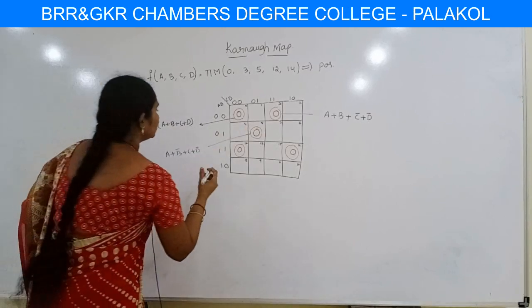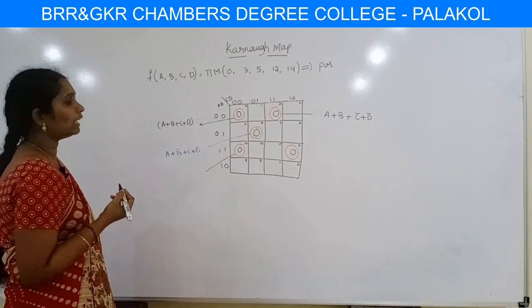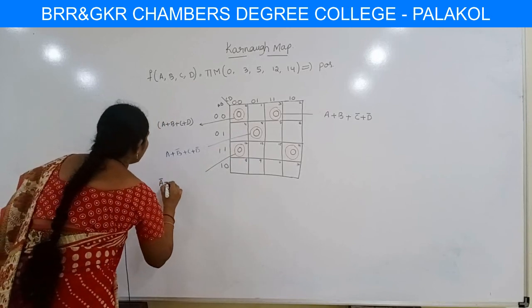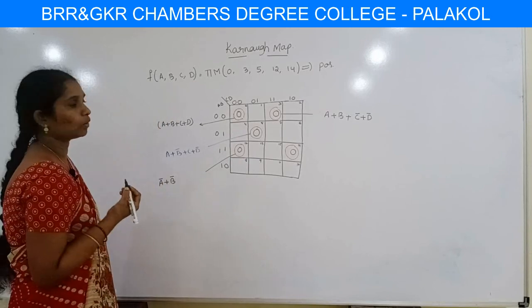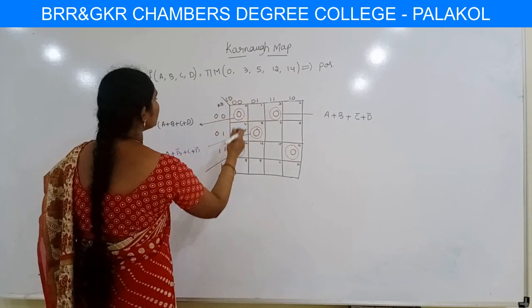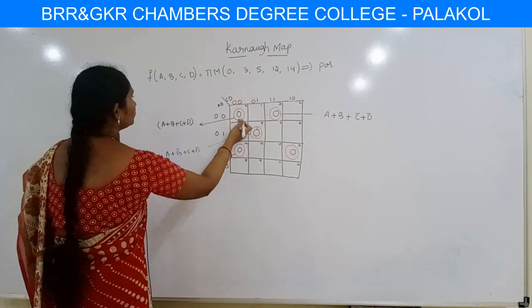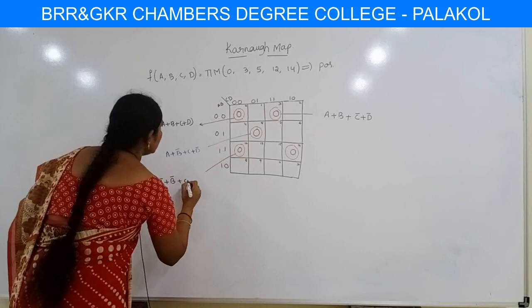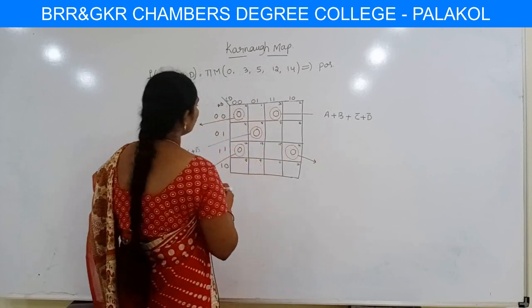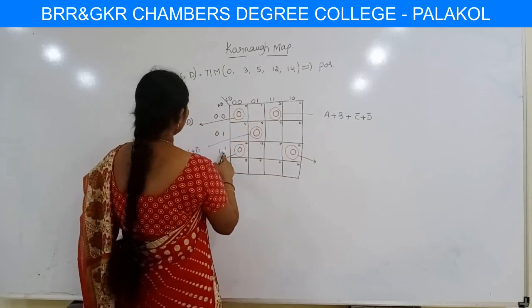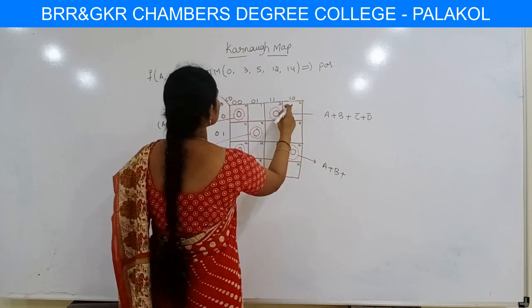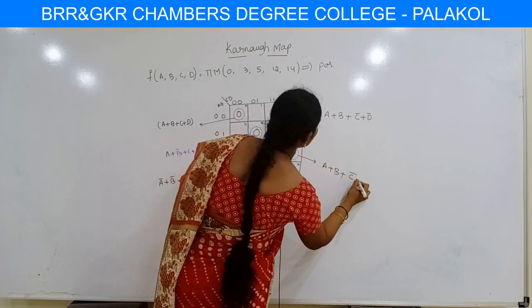Another loop: A, B is A bar plus B bar, and CD is 0, 0, so plus C plus D. Now the next loop: 0, 0 is A plus B, and 1, 1 is C bar plus D bar.